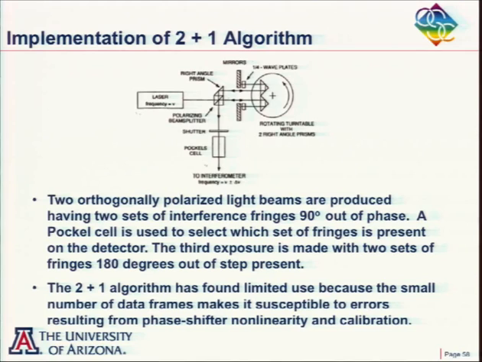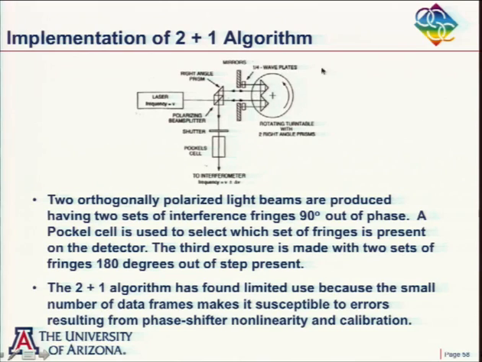And the interferometer had to have a path difference in it, and it had to have the appropriate path difference such that the 2 frequencies here would introduce a phase shift of 90 degrees. Okay. So now he's gotten his 2 sets of data 90 degrees out of phase.